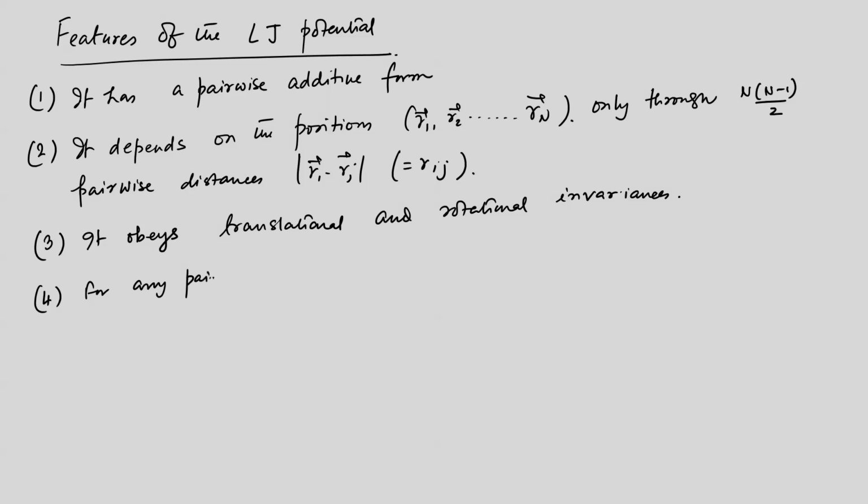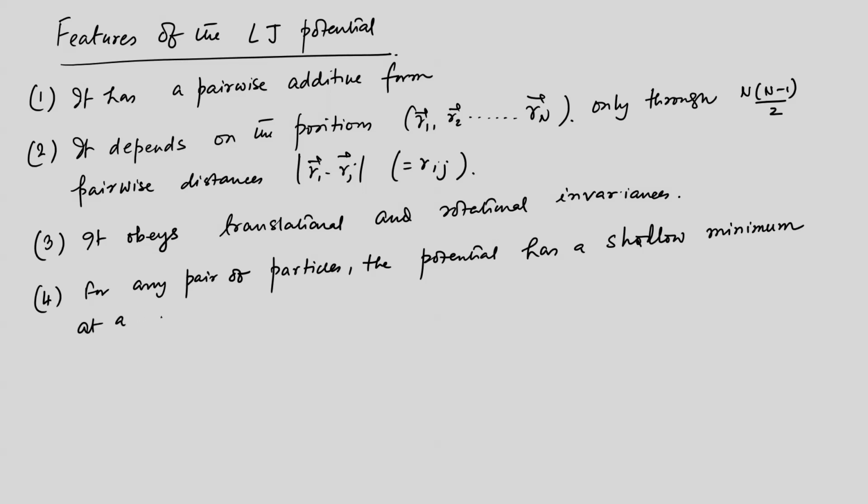For any pair of particles, the potential has a shallow minimum, we have not of course quite shown it as shallow, at a distance sigma star, which is equal to 2 to the power 1 by 6 sigma, which is equal to 1.122 sigma.